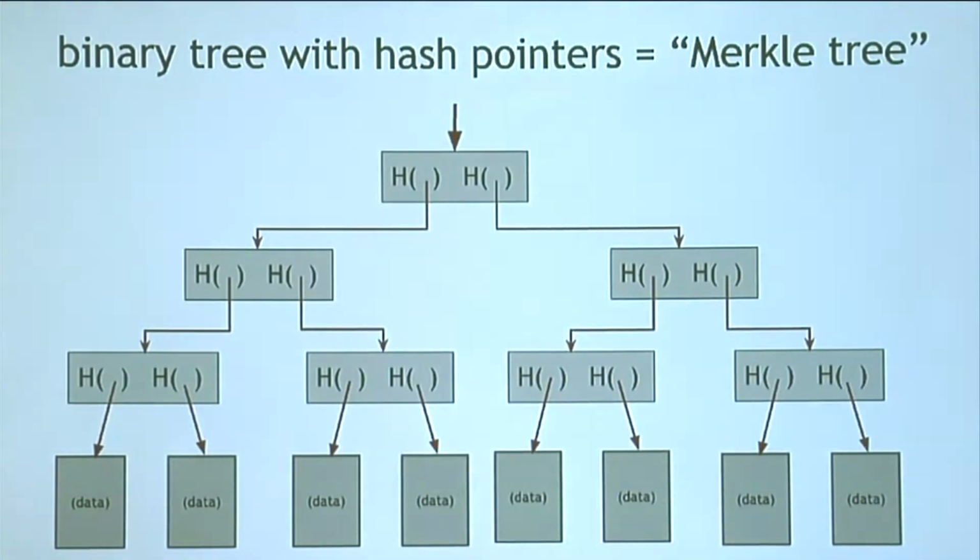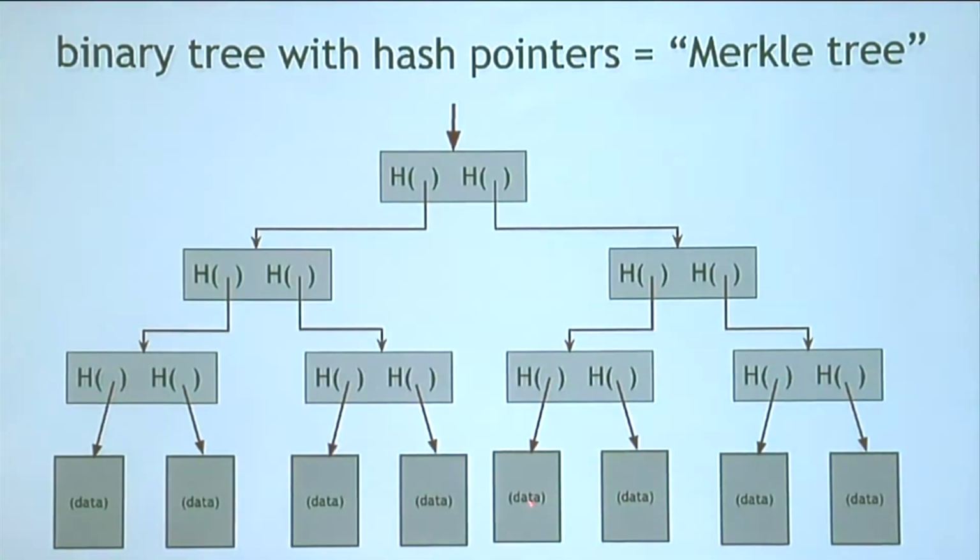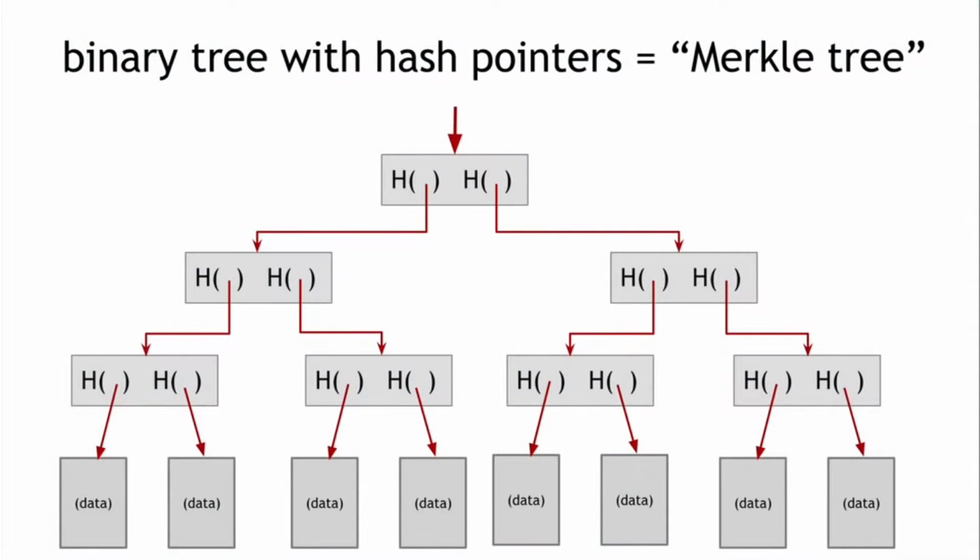Because just like I showed you with the blockchain, if an adversary tampers with some data block down here at the bottom, that will cause the hash pointer one level up to not match, so he'll have to tamper with that, and therefore he'll have to tamper with the hash pointer one level up from there, and eventually he'll get up to the top where he won't be able to tamper with the hash pointer that we've remembered. So again, any attempt to tamper with any piece of data across the bottom will be insured against by just remembering the hash pointer at the top.